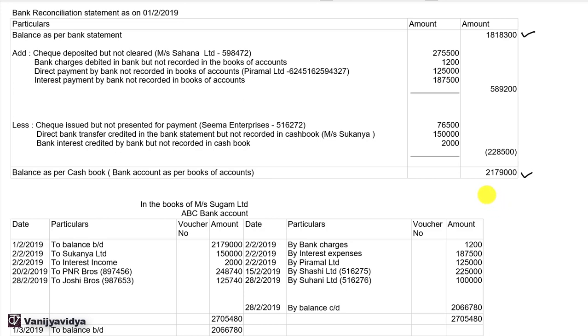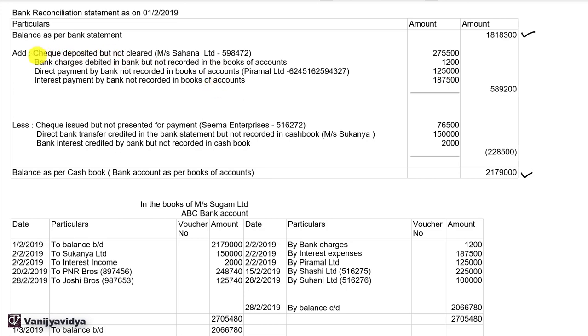Now we'll verify each and every transaction which is there in the bank reconciliation statement and we'll find it either in your cash book or in your passbook as the case may be. And if it is still not found in the passbook or cash book for the month of Feb, then it will be included in the bank reconciliation statement as on 20th Feb 2019.